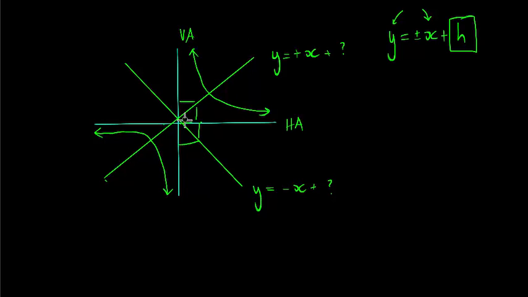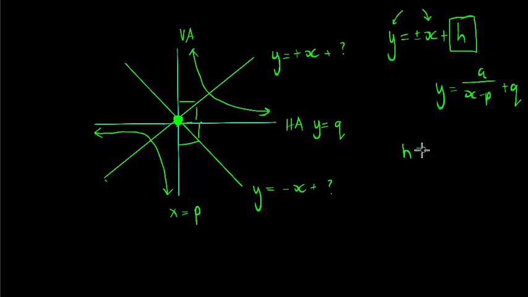And the point that's on both of these straight lines is that point. Remember this is my horizontal asymptote, that's y is equal to q. Remember, I'm working with y is equal to a over x minus p plus q. So this is y is equal to q, and this is x is equal to p.